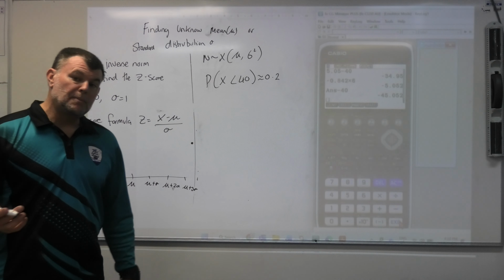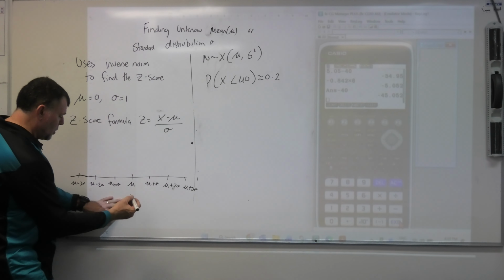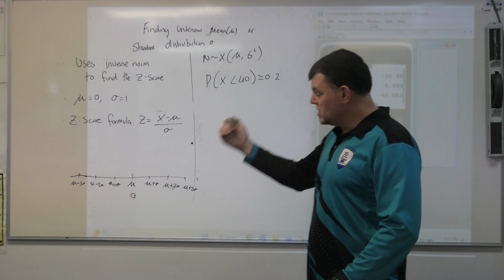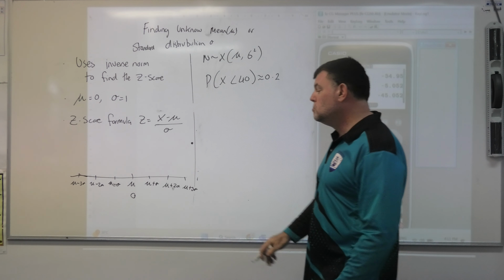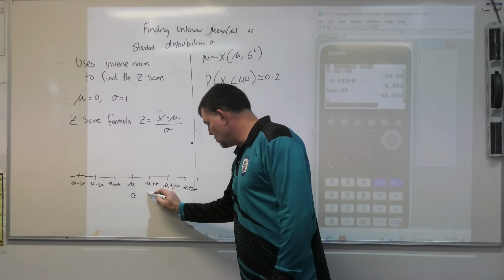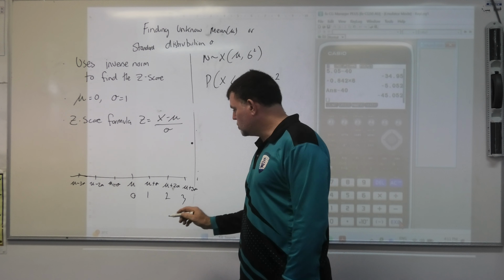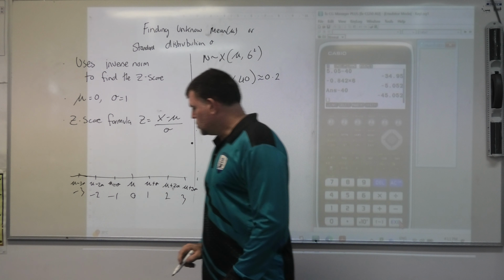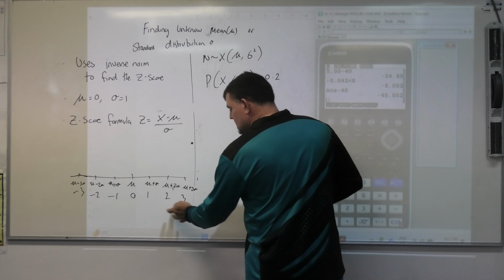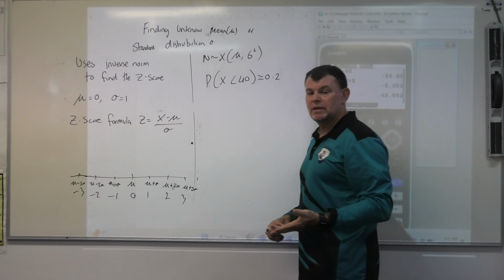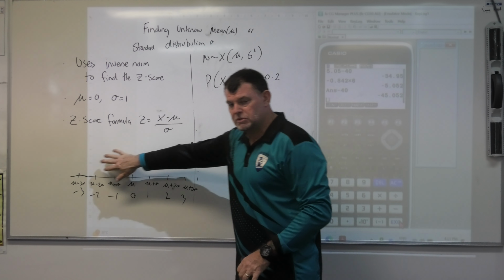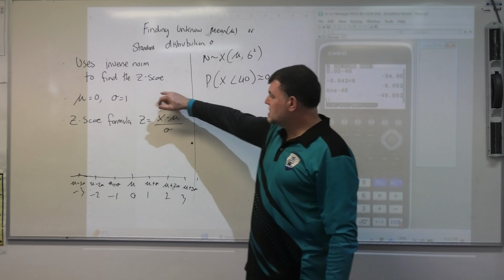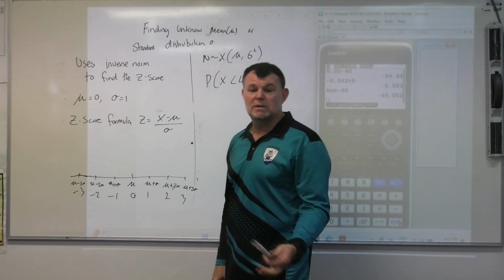We can match those up with our z-scores. Generally your z-score will have a mean of 0, and it increases or decreases by 1 unit as you move across each deviation. On the right hand side we go 1, 2, 3. On the left hand side we go down 1, 2, 3. It's these points that never change. Just like the percentages in the curve at the top, the z-scores never change. So the reason we use the z-score is that it's a consistent way of measurement.